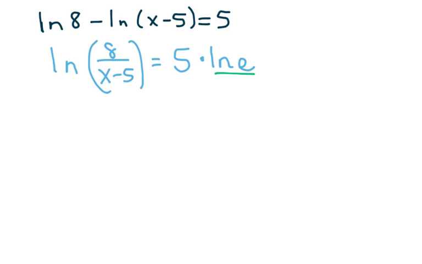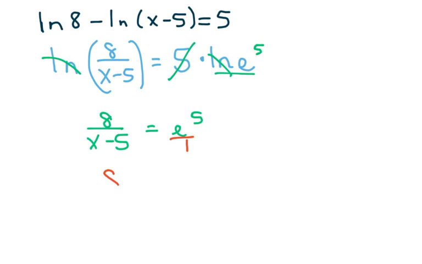I'm going to go ahead and move my 5, put it here, using my power property, and cross those out. So basically I have to solve for x. Now this is 8 over x minus 5 equals e to the 5th. So I'm going to cross multiply, then solve for x.